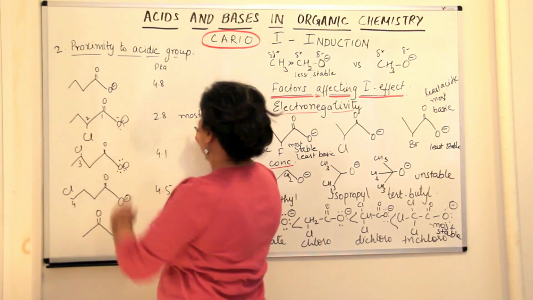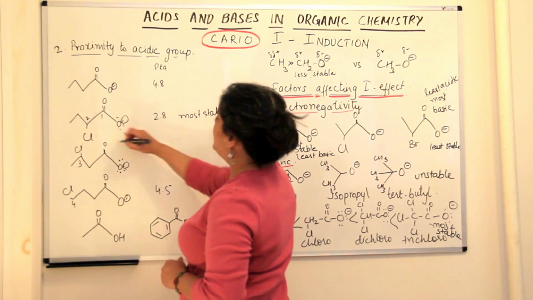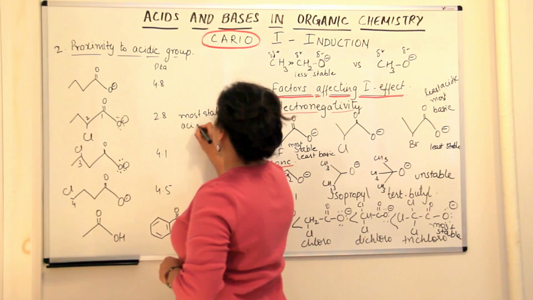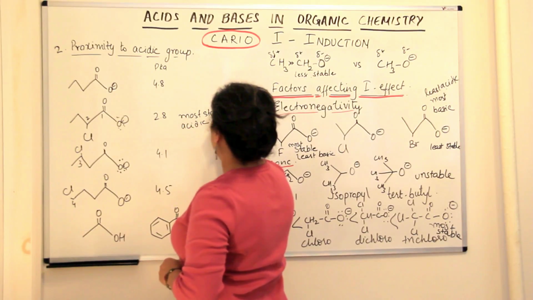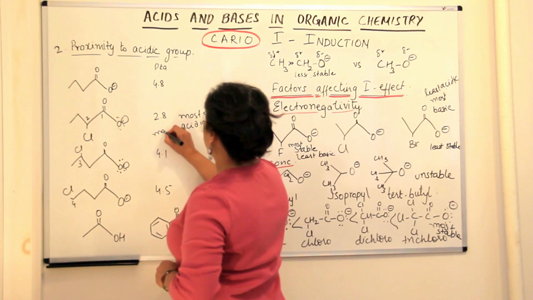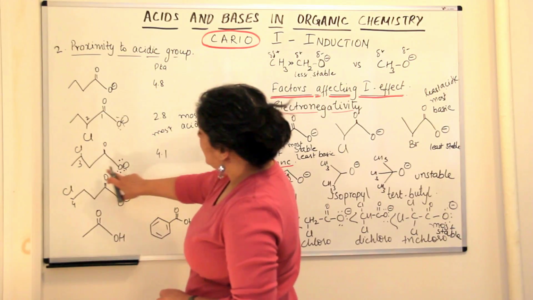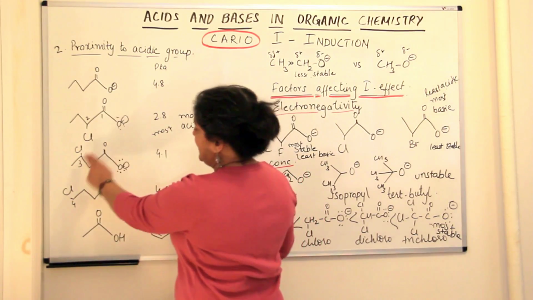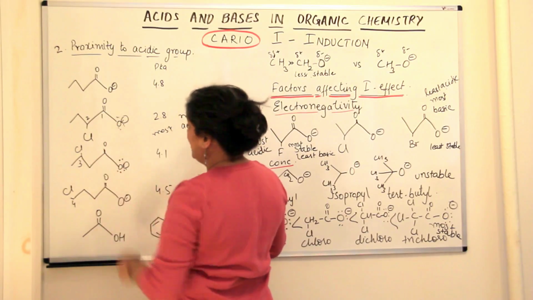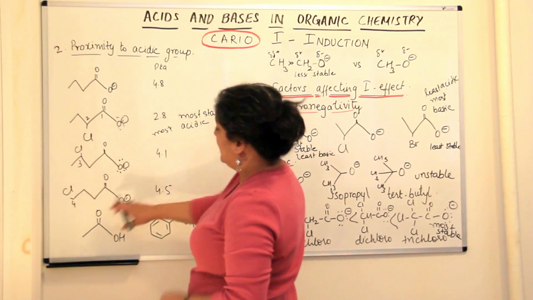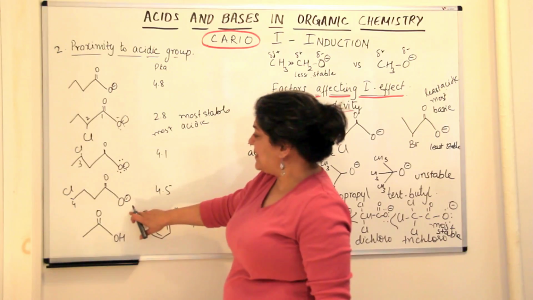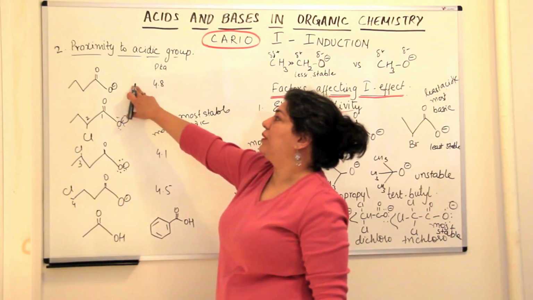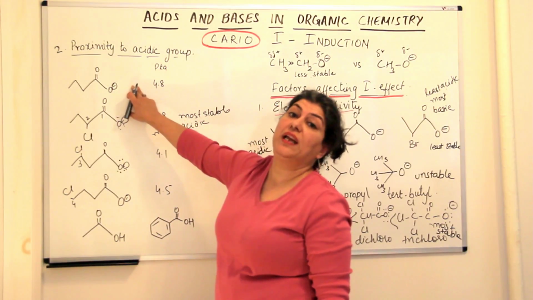If this ion is the most stable, then this acid should be the most acidic. This would be most acidic, right? And the chlorine on the next carbon would then be lesser than this because its effect is lesser than this one but greater than this one. So this should be the next one. This should be the least acidic among these, and this compound does not have chlorine at all.